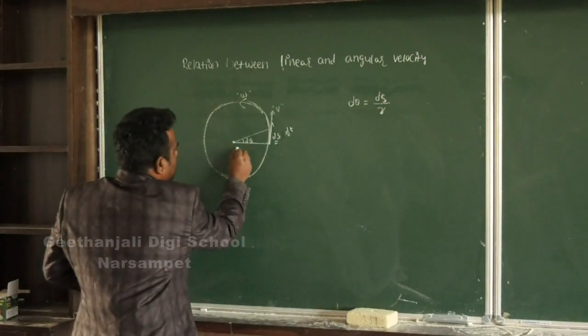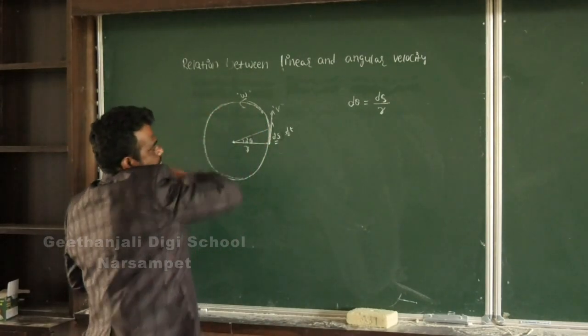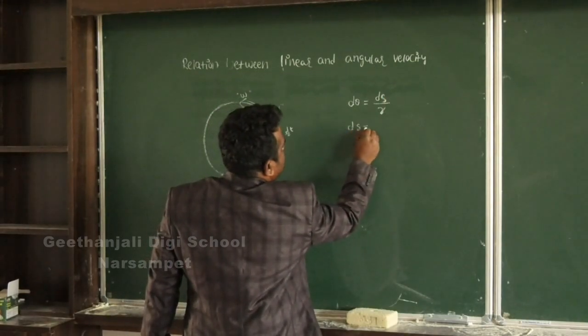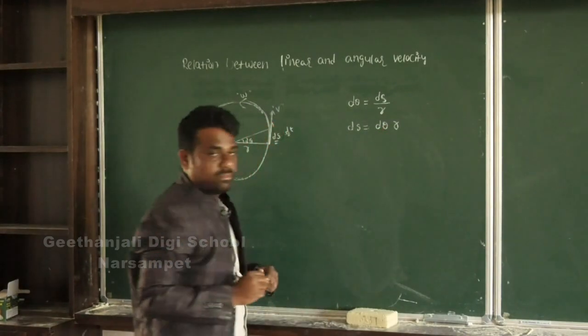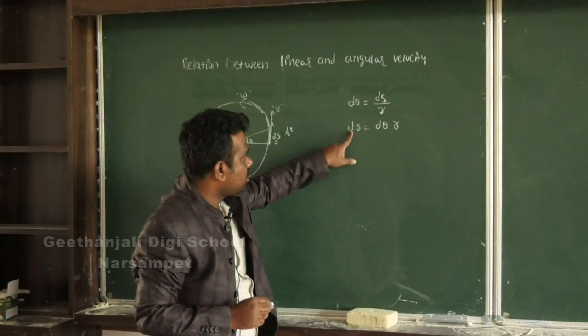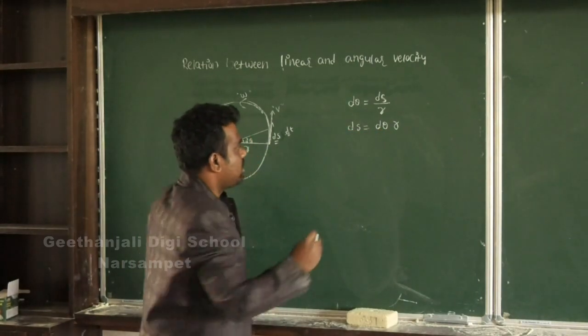So let small r be the radius of the circular path. So after rearranging I can write ds is equal to d theta into r.